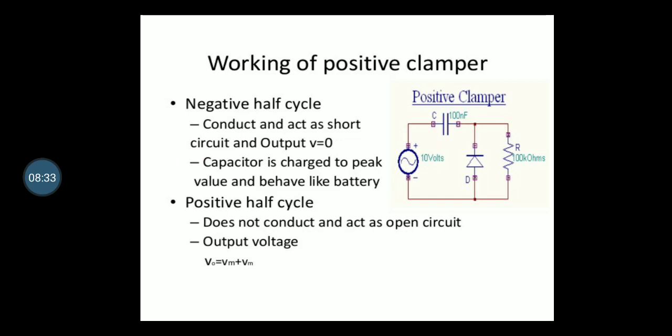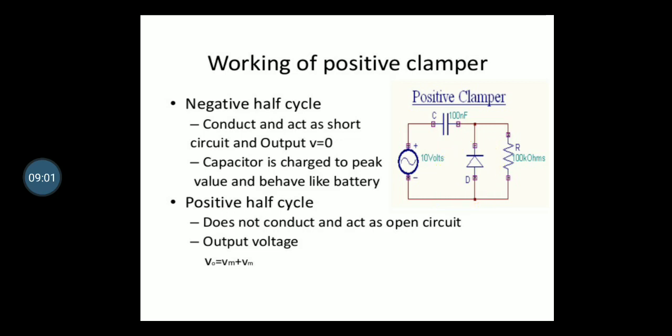So for a positive clamper, the circuit clamps the peak of the input waveform, and therefore it is also called a peak clamper. For positive V reference, the voltage at the output of the op amp is also positive, so that the diode D is forward biased.